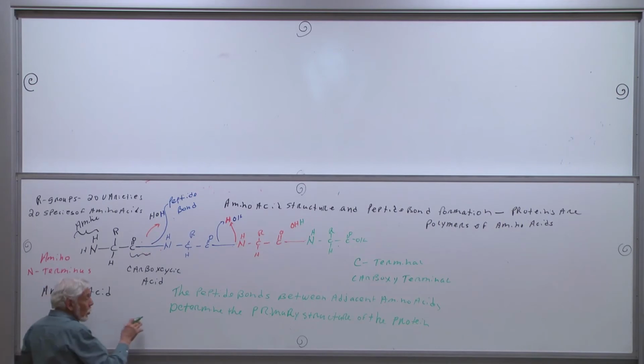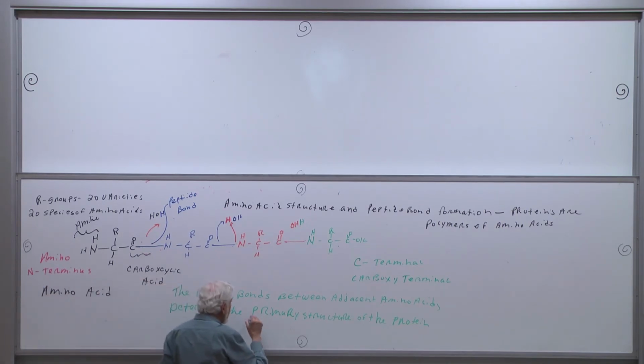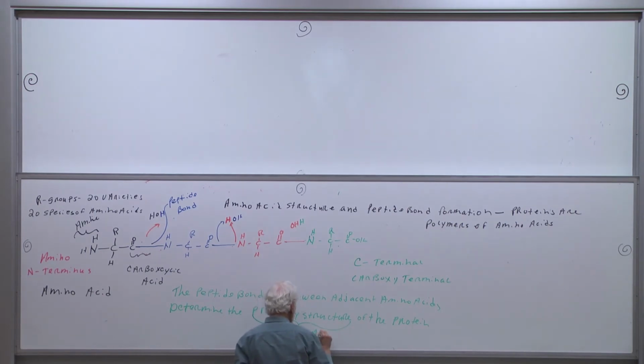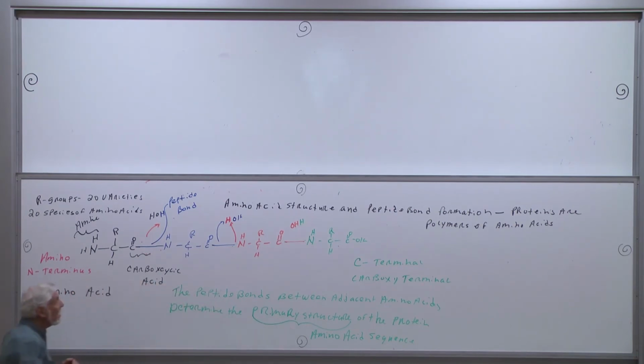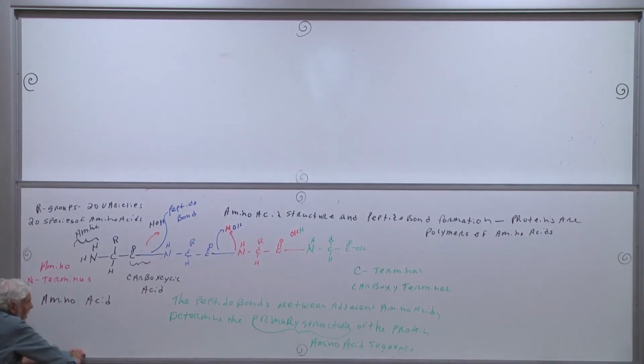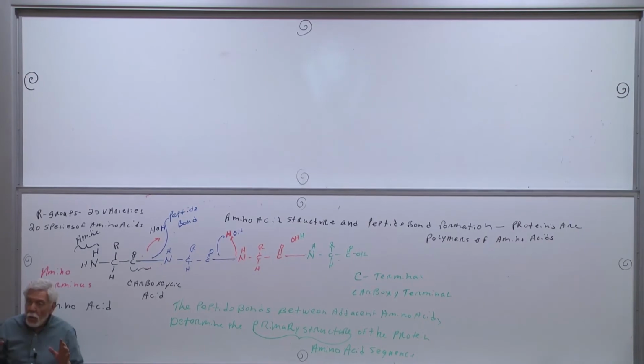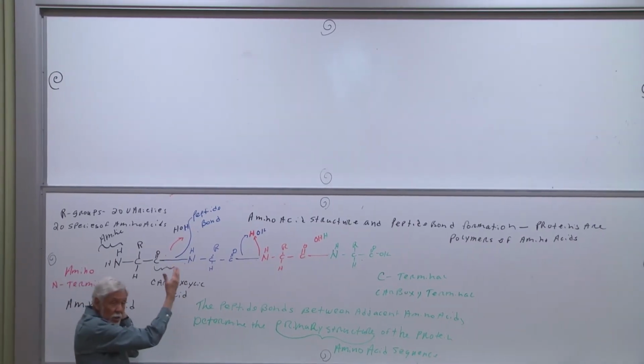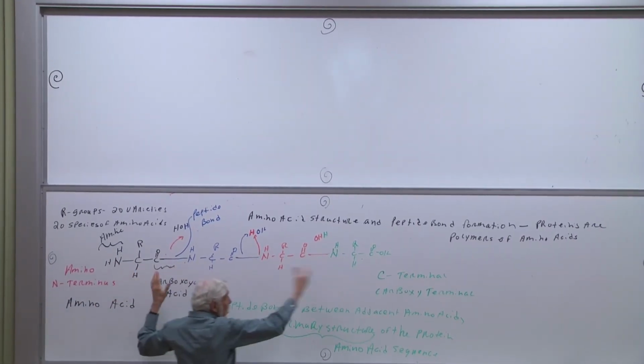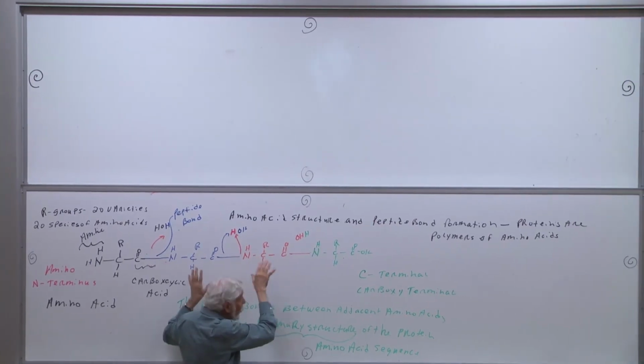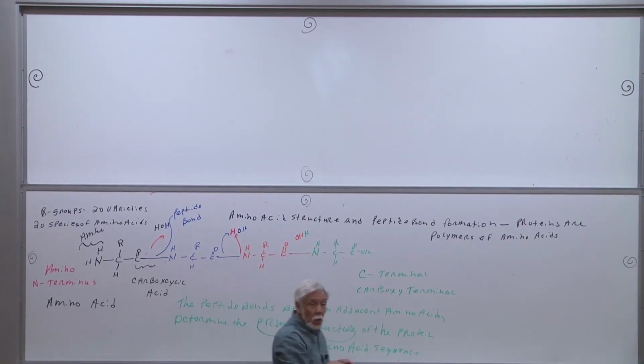When we talk about the primary structure, what we're really talking about is the amino acid sequence. Now, the amino acid sequence determines the amino acids in the protein, and that amino acid sequence will determine the kind of protein we have.